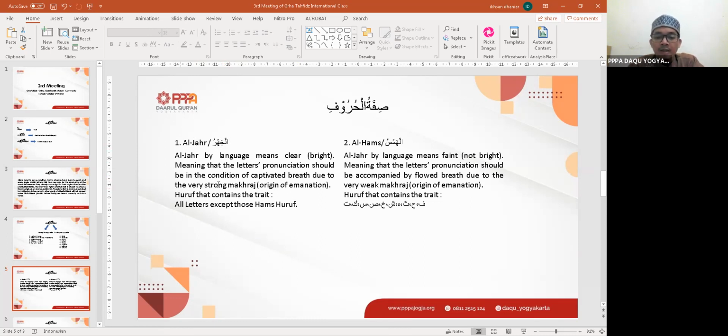The huruf which have the al-jahr trait all have a very strong makhraj, or a very strong origin of emanation.